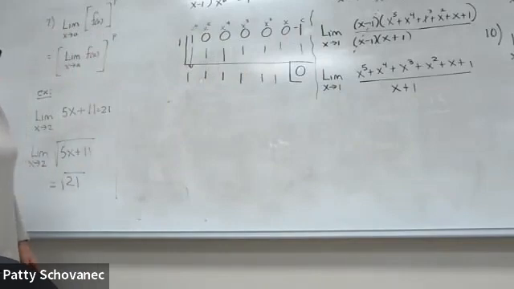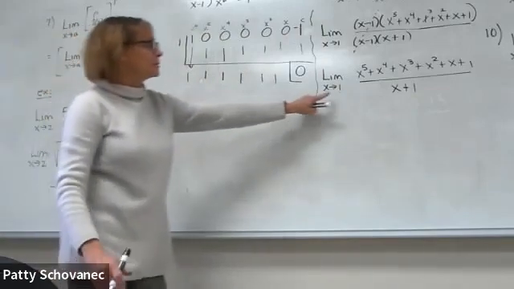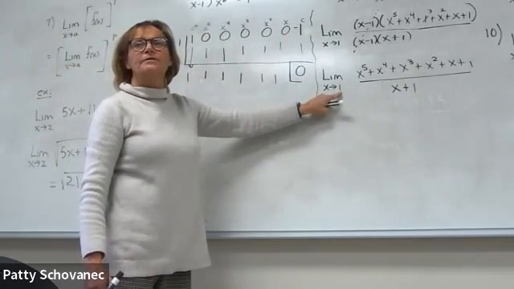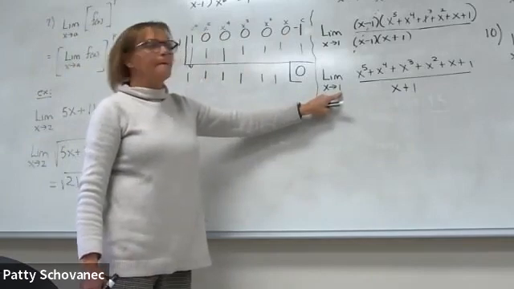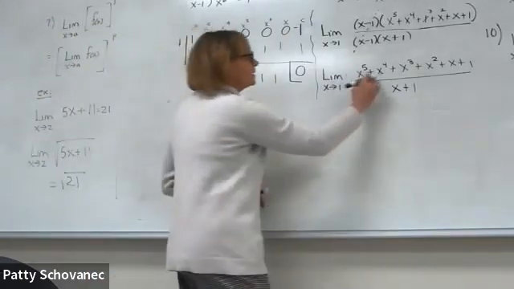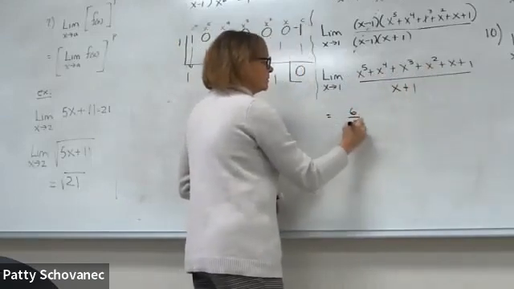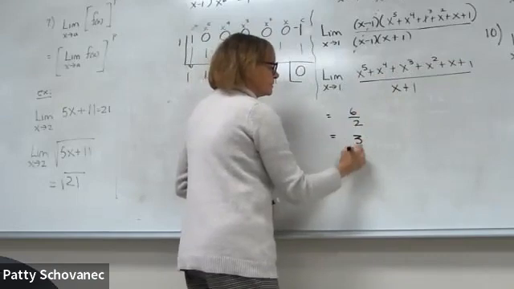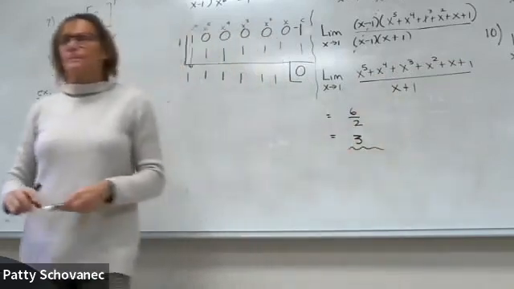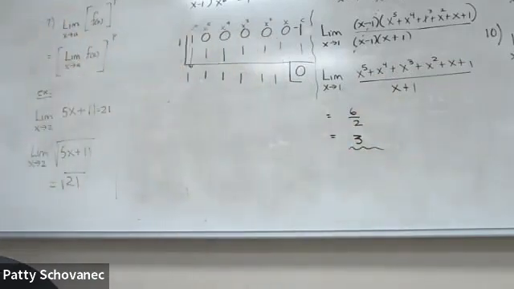I'm not going to get 0 on top because I'm adding a bunch of 1s. X is going to positive 1. I'm going to have 1, 2, 3, 4, 5, 6 over 2. So my limit is 3. Factoring and canceling is one of the things we're going to look to do.